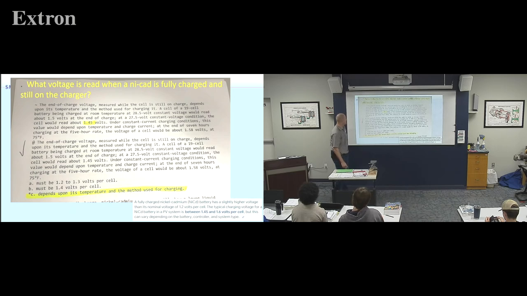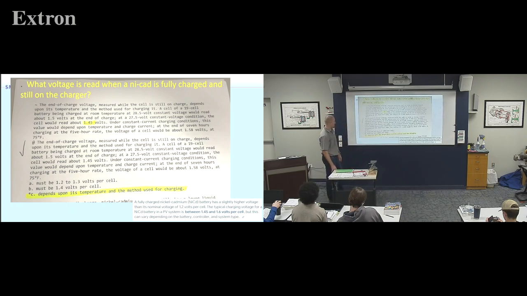Under constant current, let's see, make sure I'm reading this the correct way. All right, when it's getting done charging, it's gonna be about 1.5 across each. And if you took it off the charger, it's gonna drop to 1.45.